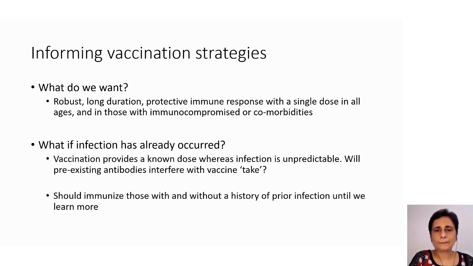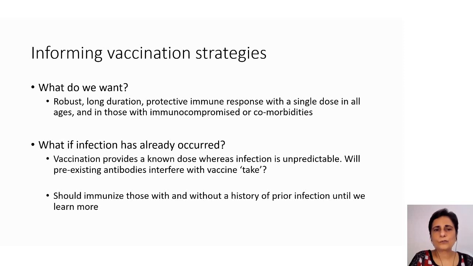So the way I'm thinking about this right now is that vaccination actually provides a known dose, whereas for infection, the dose that causes the infection is unpredictable. So we don't know whether the immune response will be sufficient to induce protection from every case of natural infection or not.